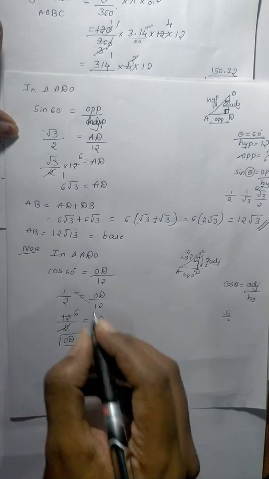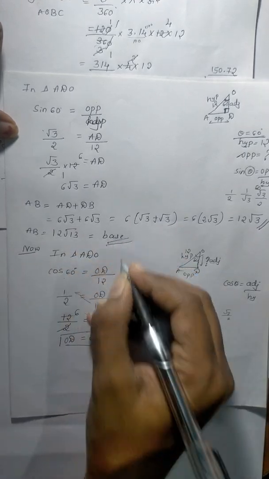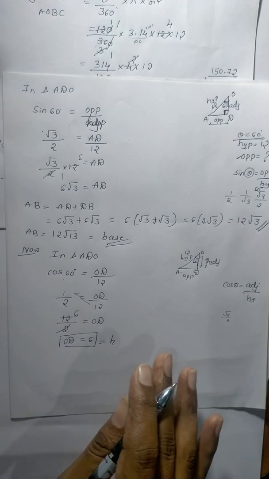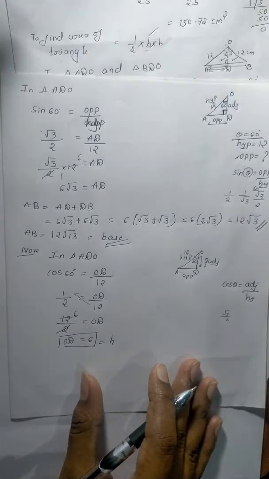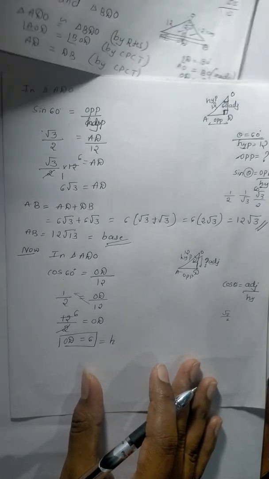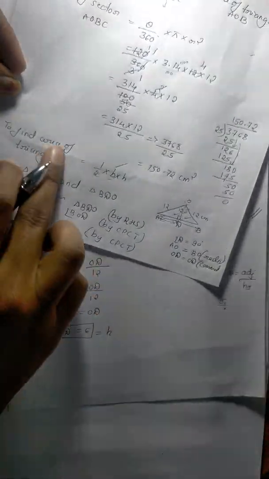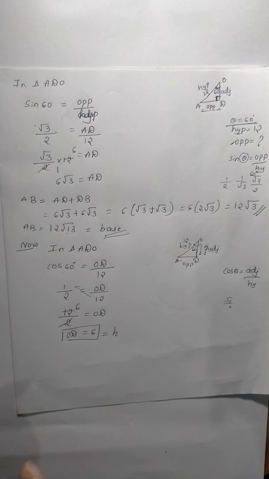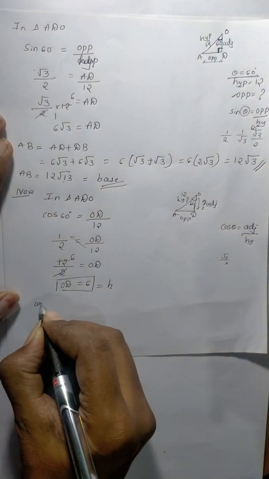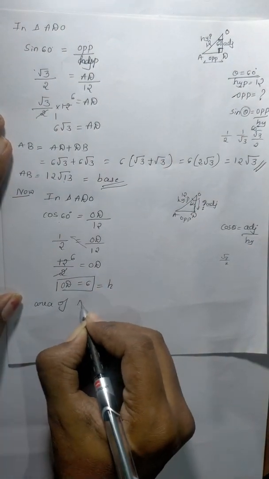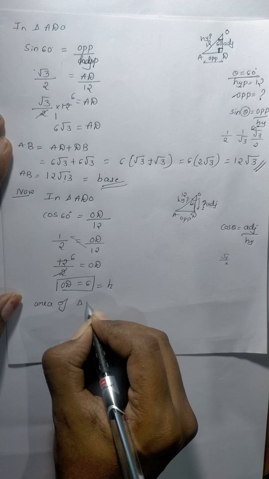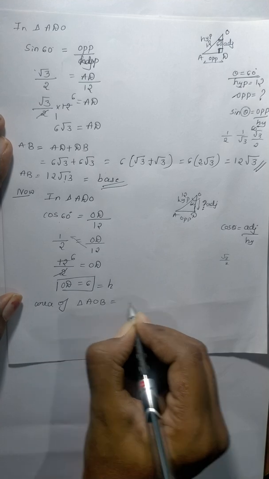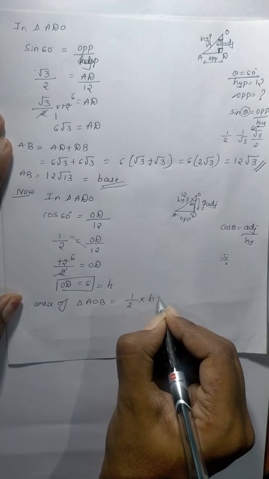So this is our base, this is our height. Now substitute in the area of the triangle formula which we have calculated previously. Area of triangle AOB is equal to half into base into height.